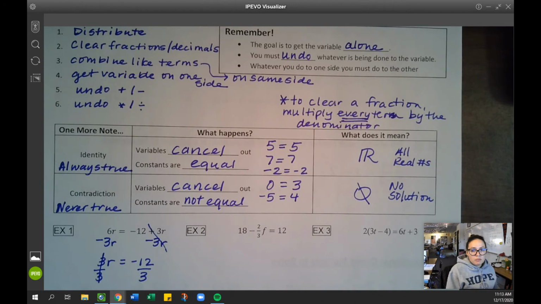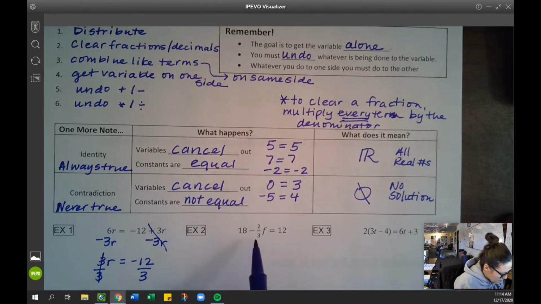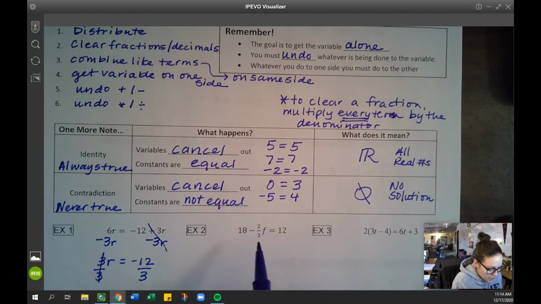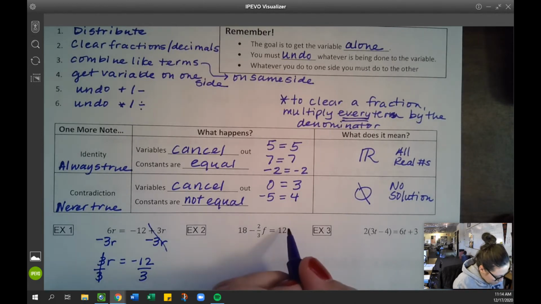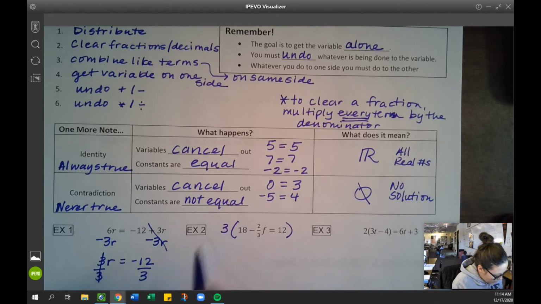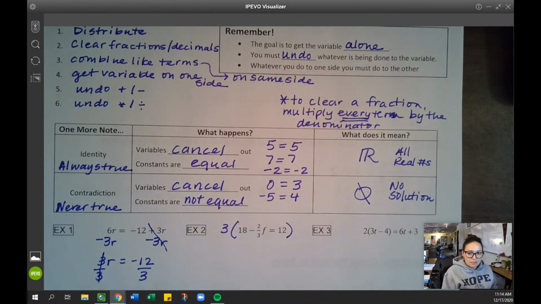To clear a fraction, multiply every term by the denominator. So in this case, the denominator of the fraction is 3. So I'm going to multiply everything by 3.